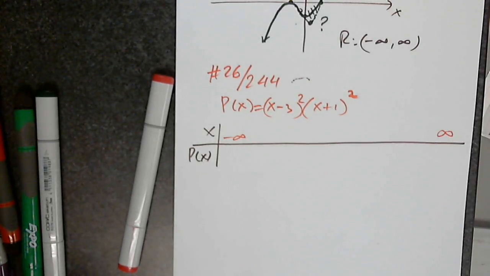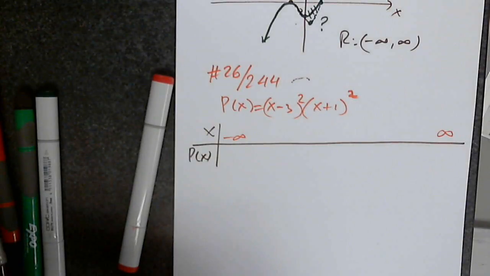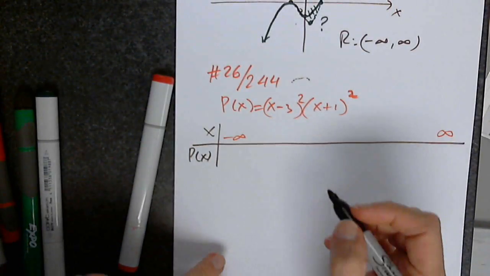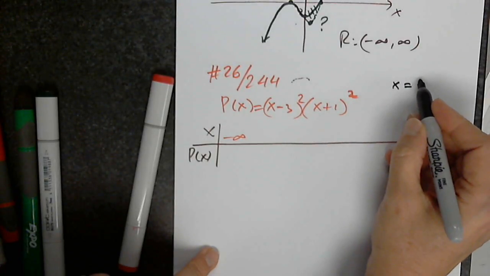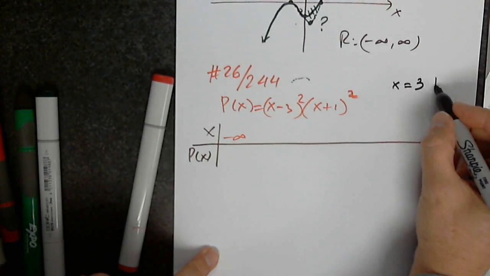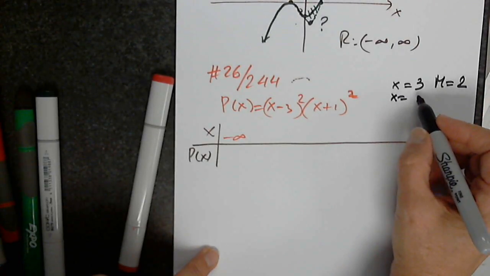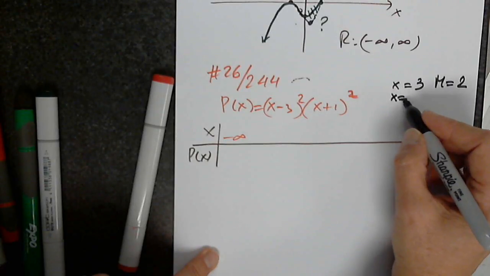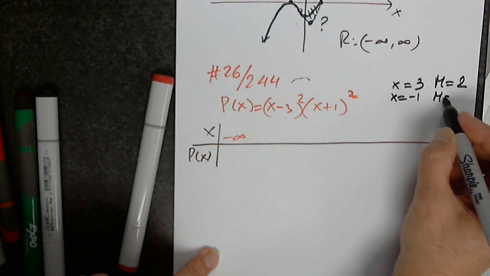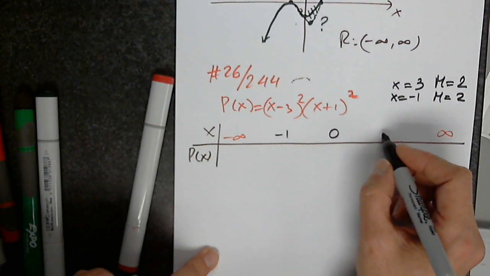X minus 3 is equal to 0, so x equals 3, multiplicity 2, and x equals negative 1, multiplicity 2. So negative 1, 0 has to be in the chart always, and 3.